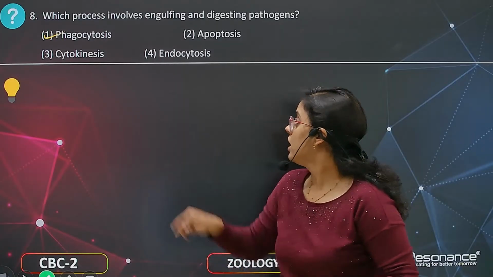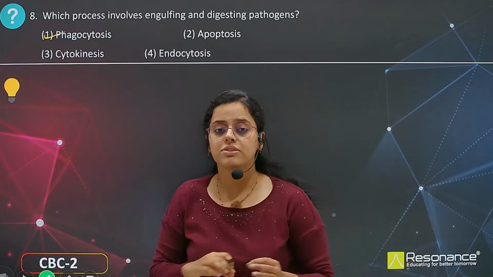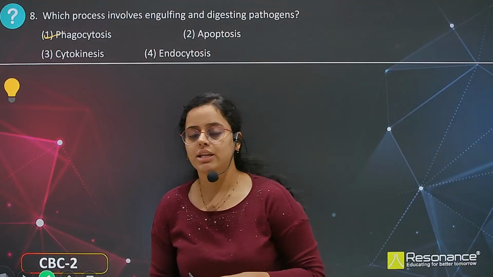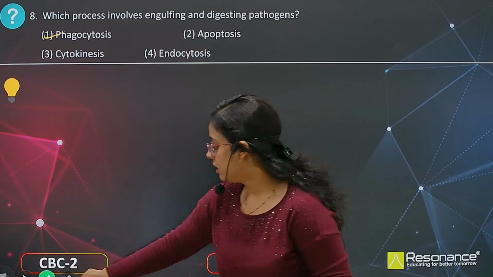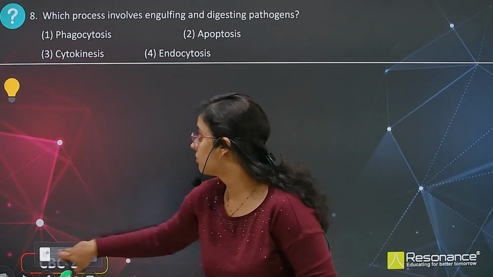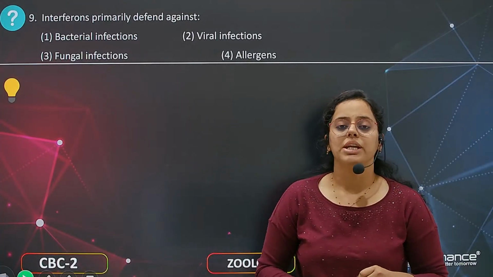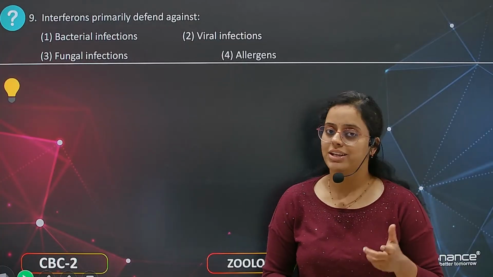Now what about endocytosis? That is removal of substances, and cytokinesis, which is a chemical exchange between cells relating to inflammation. Now coming to the next question, question number 9. Interferons primarily defend against. Interferons are produced from viral infected cells.